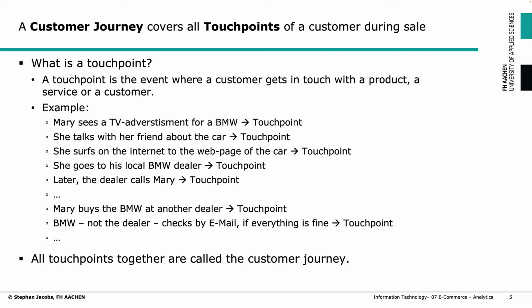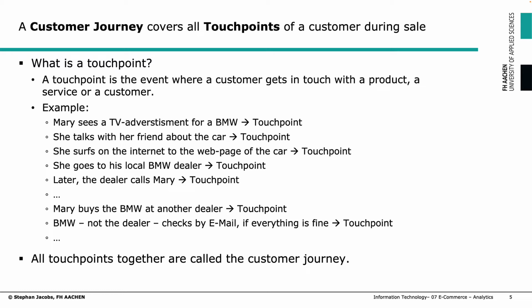And we use this term sale in a broader sense. It's not only the exchange of money against a product. It starts when a customer becomes aware of a new product, when he's doing research, when he talks about a product with friends, and it continues after the exchange of money against the product, for example, when the dealer asks for a satisfaction level of the customer.